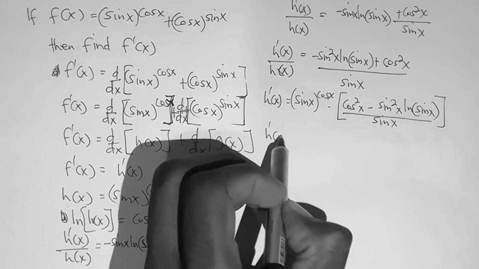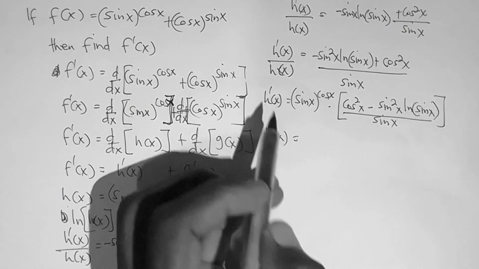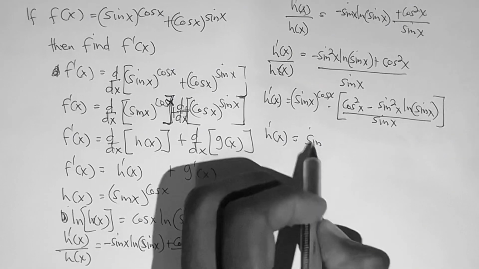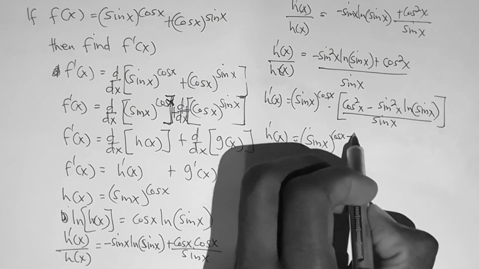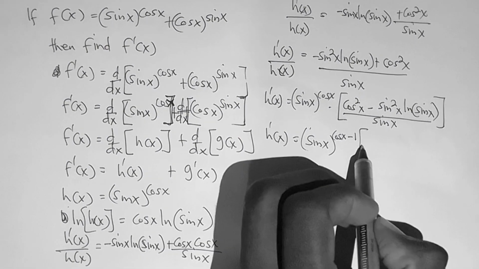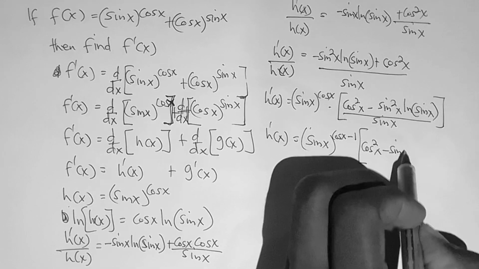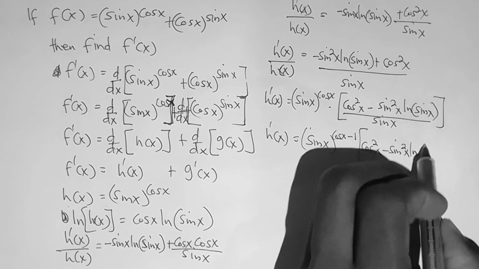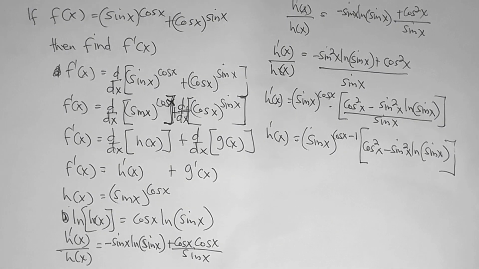So h prime of x is equal to, now that is divided by sine x, this is sine x, so it becomes sine x exponent cos x minus 1, all of that times cos squared x minus sine squared x ln into bracket sine x, bracket close.